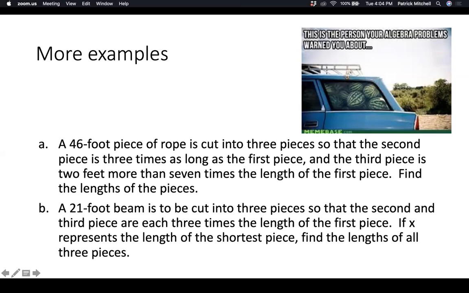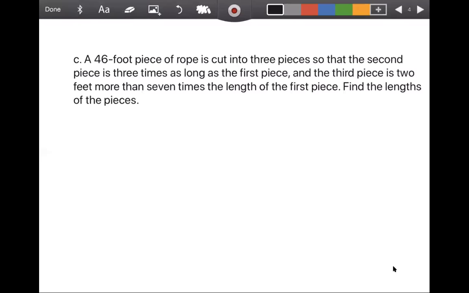All right, I won't read this problem again. I will just skip right to Mitchell's first commandment. And usually when I'm trying to figure out how to define my variable, I go to what is being asked for in the problem. And what the problem is asking for is to find the lengths of the pieces.